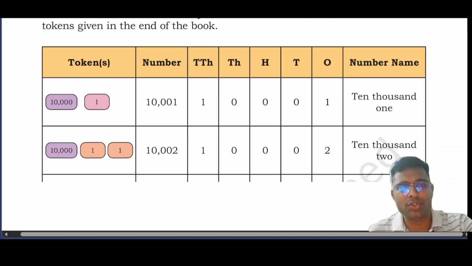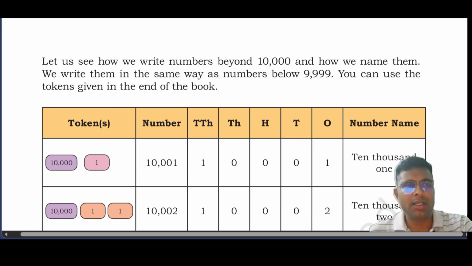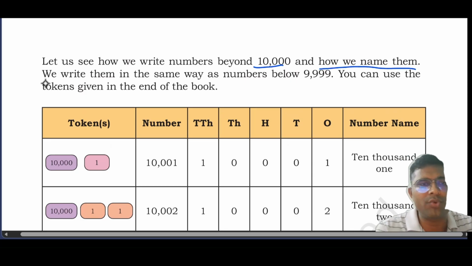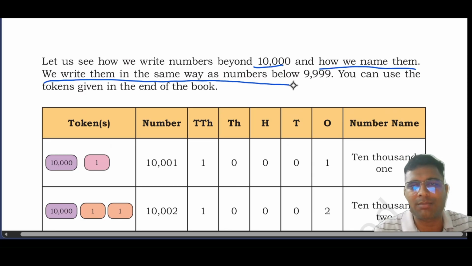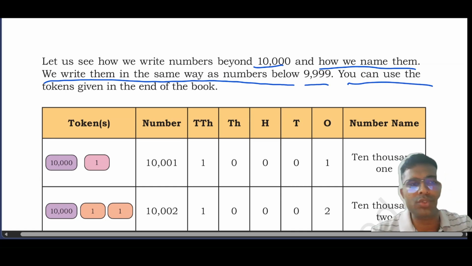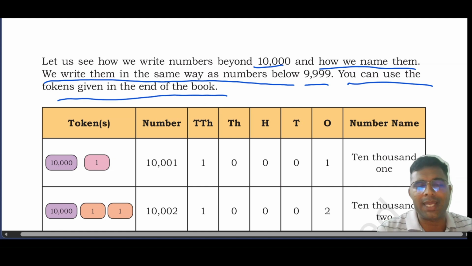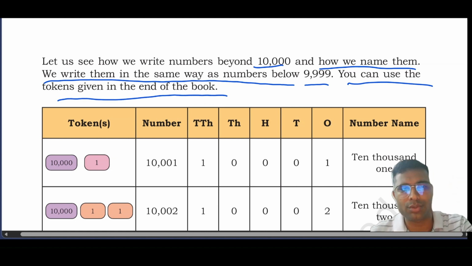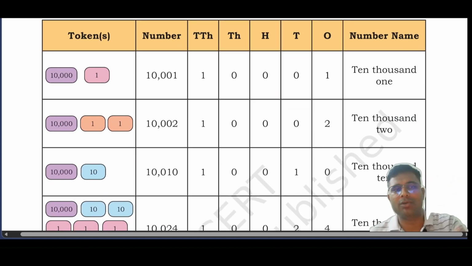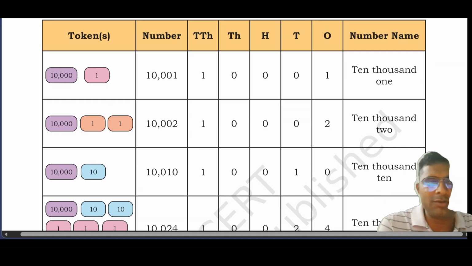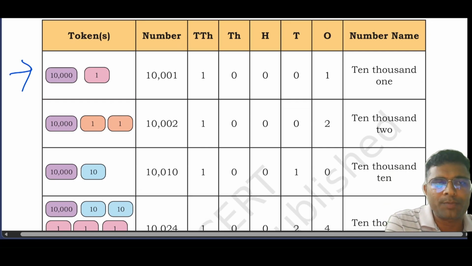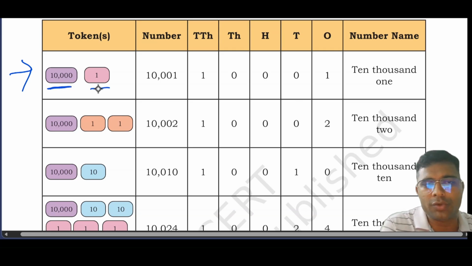Coming to the next page, let us see how we write numbers beyond 10,000 and how we name them. We write them in the same way as numbers below 9999. You can use the tokens given at the end of the book. Starting from the first row, you can see there is one box of 10,000 and one box of 1 ones.